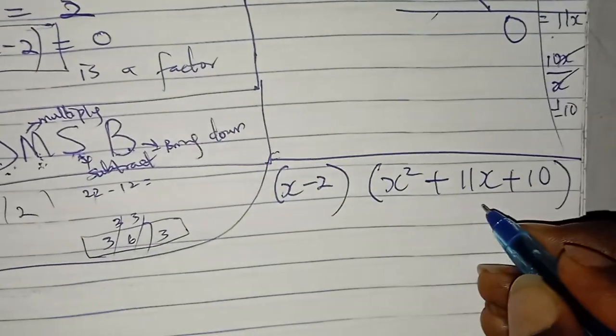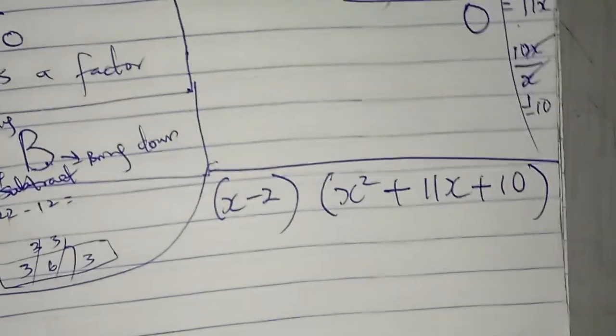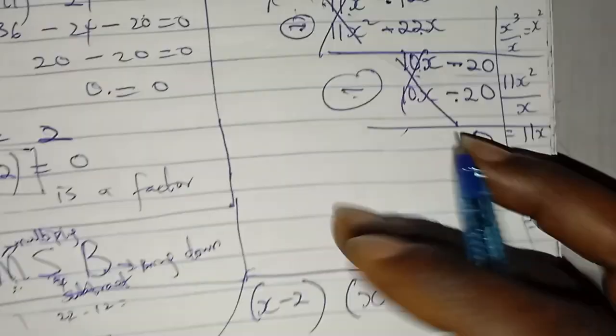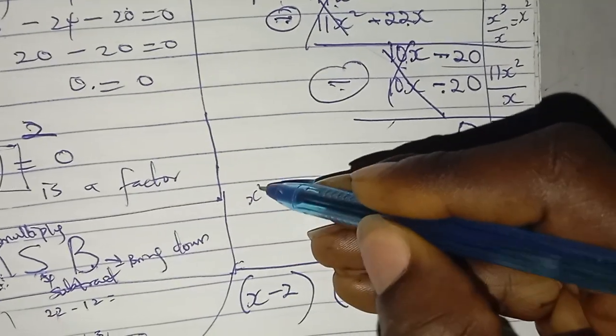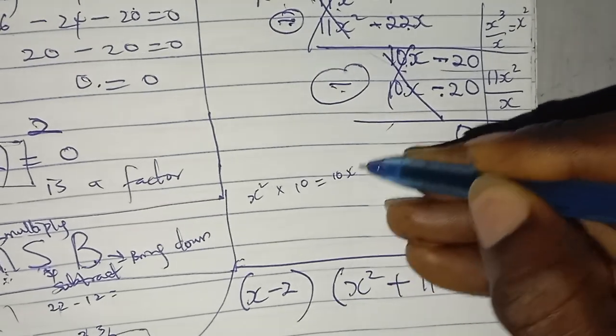So this becomes the same thing as saying, if I use the formula method or completing the square, whichever one you choose to use is easy. But I know that trying to use factorization, let's see factorization work. Let's do it here. I have x times 10 to give me 10x squared.